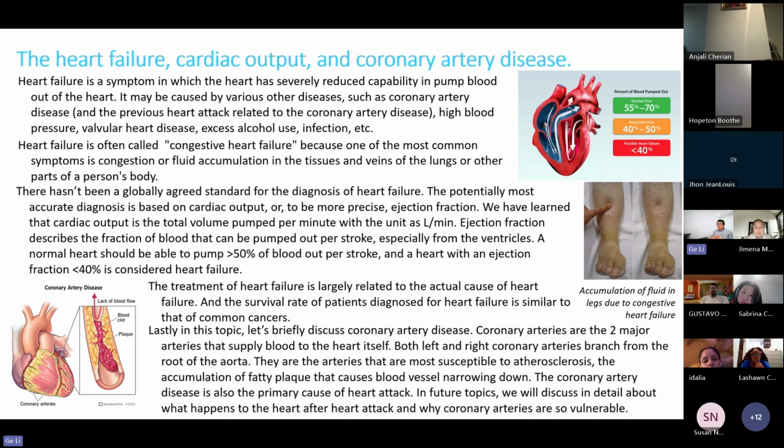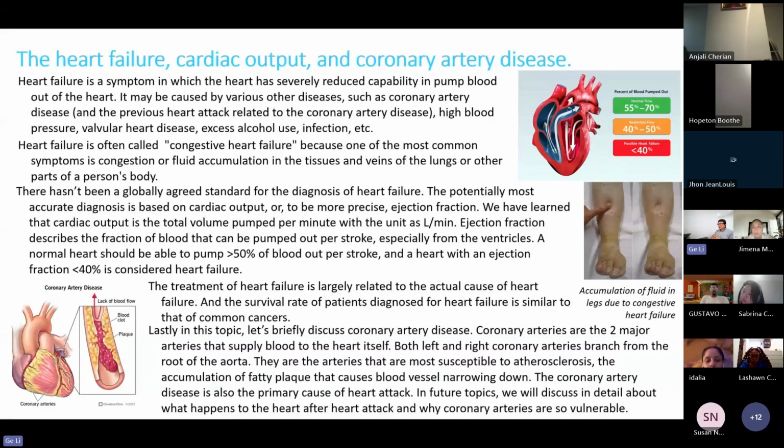Heart failure is independent of the cardiac output. In some cases, a reduced stroke volume can be compensated by a high heart rate. However, if the stroke volume is calculated by the ejection fraction, and the ejection fraction is lower than 40%, we consider this heart failure.